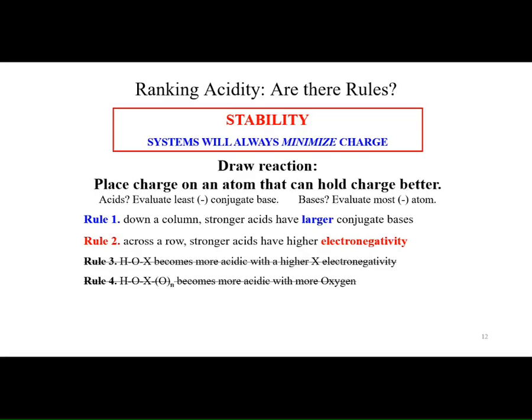That rule set is addressed in Gen Chem. At least it's addressed in 152 whenever I taught it. We're looking at ranking acidities, and you had 4 rules. Down a column, stronger acids have larger conjugate bases. Across a row, stronger acids have higher electronegativities. And then you encounter these weird oxyacid rules.